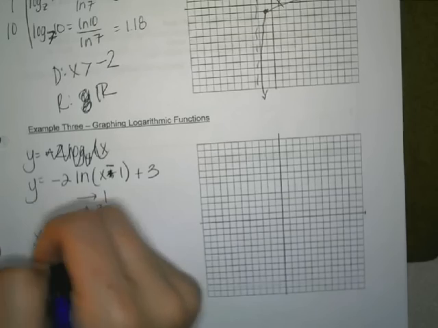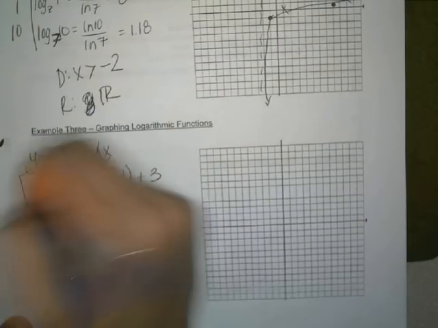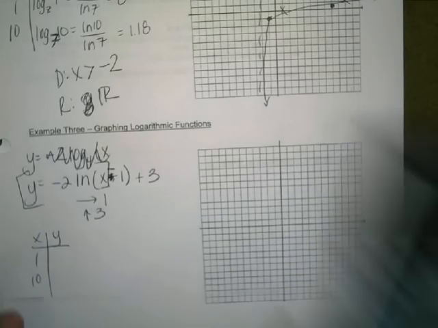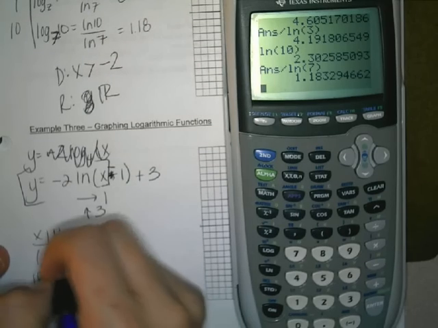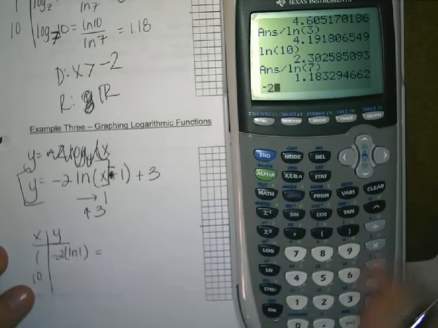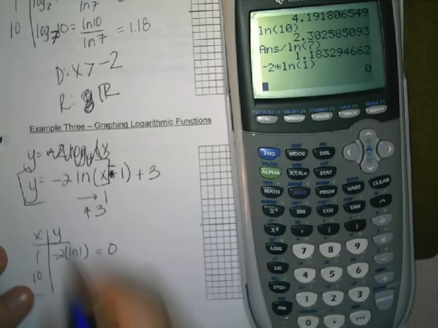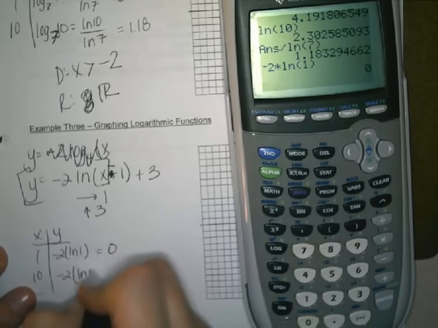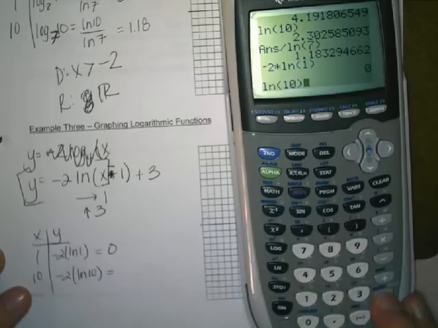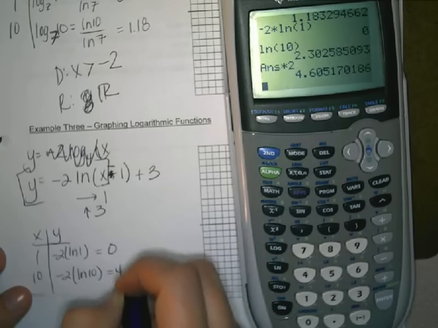Small table of values. Now here, because you have an ln and not a log base whatever, you can just use the ln on your calculator to figure it out. This should be 0. And then we have -2 ln 10, which is -4.605.